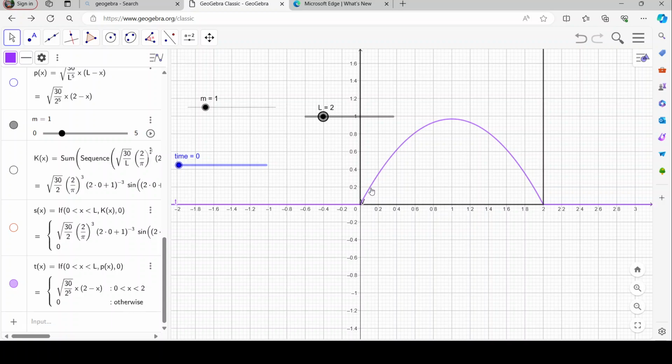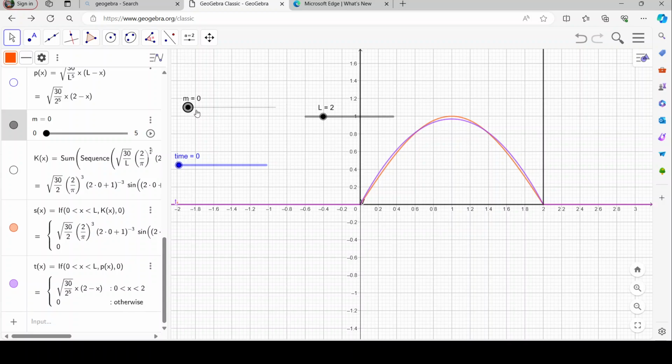Now if you try to find the total solution, I have represented it in the form of s of x, and s of x can have a summation, so many multiple terms are there. If you consider only the first term, the wave function would look like this, but there are many terms.